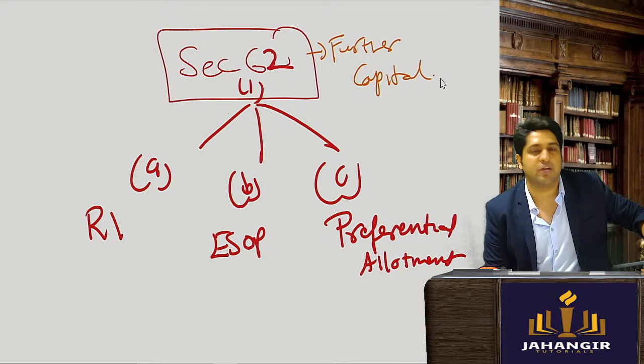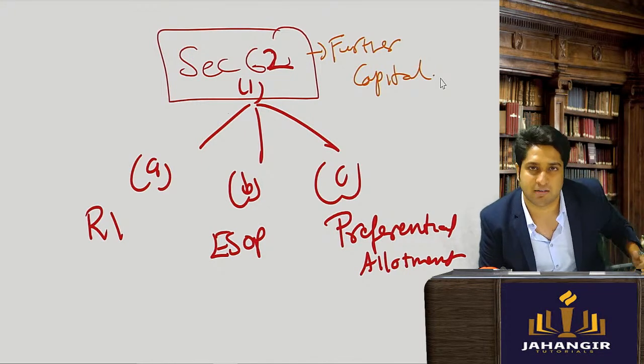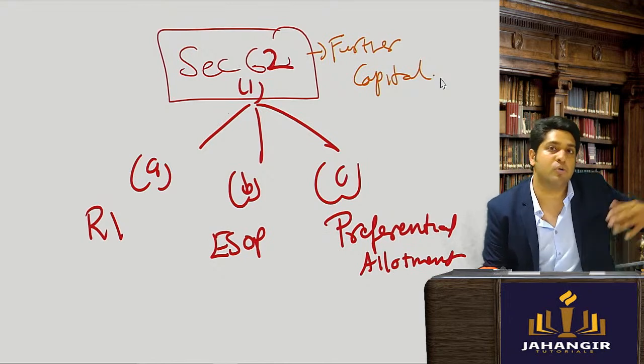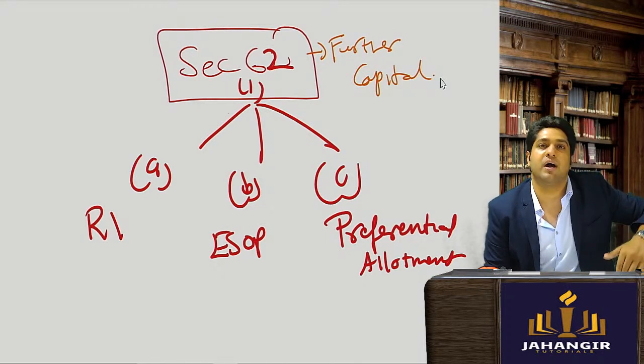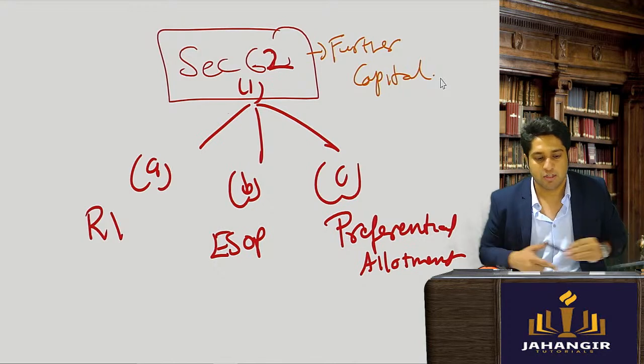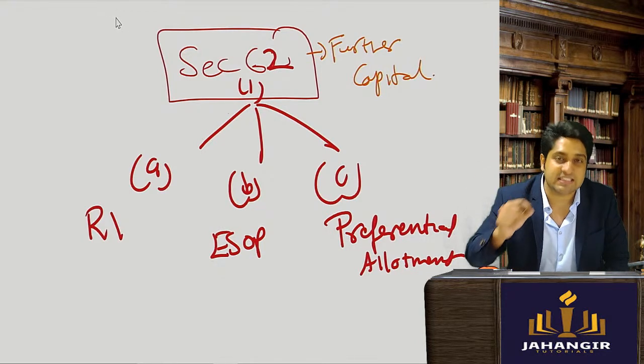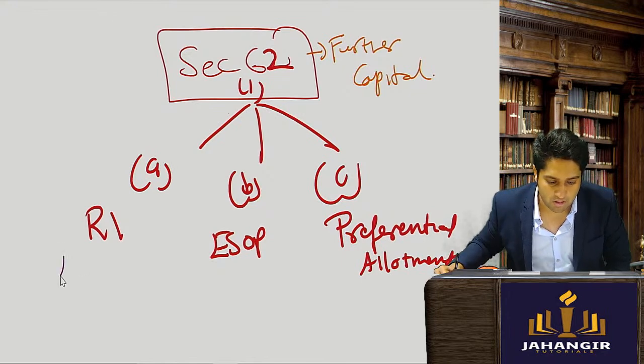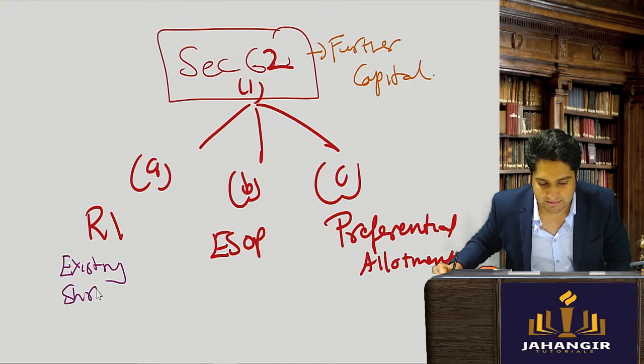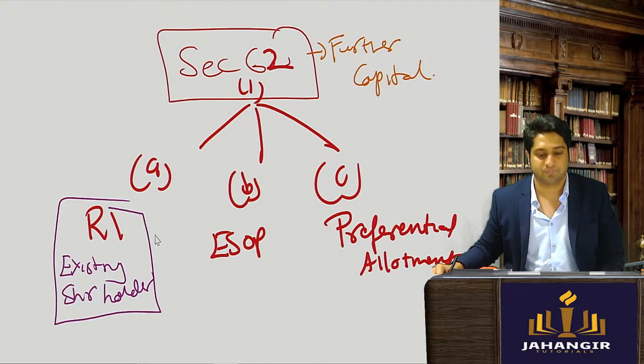Tell the existing shareholders that, see, you already trusted our company. Do you want more shares? We will give you at a good price. So when the company issues the shares to the existing shareholders, it is called as right issue.